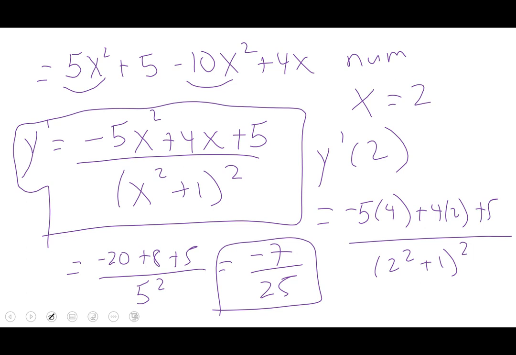Remember that in order to find the equation of a tangent line, you need not only the slope of the tangent line, but you also need the point of tangency. So let's go ahead and, again, I have another screen here. The slope of the tangent line we just found was negative 7/25.